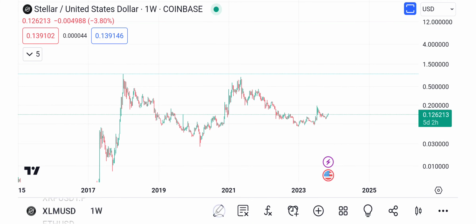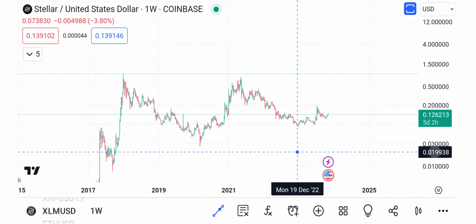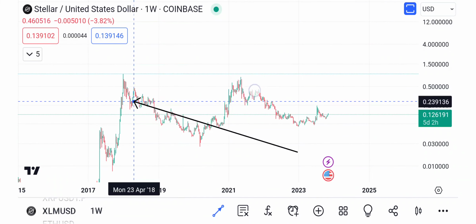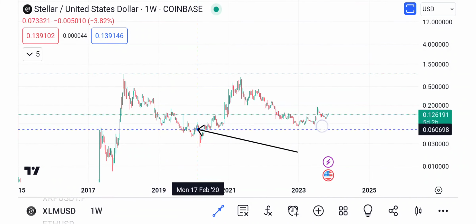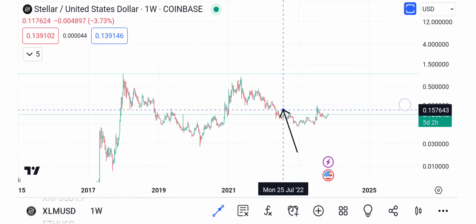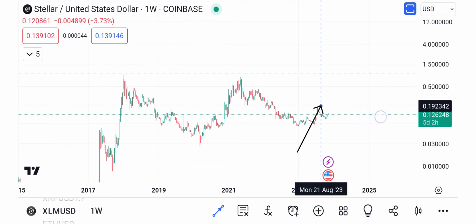So basically I'm bullish. You can see here this impulsive move, then you have this correction to the downside, and then what happened? You broke out. Same thing here, you have this correction to the downside. What's happening? We're breaking out.